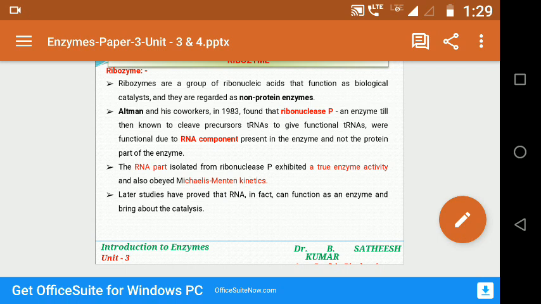In covalent modification, we discussed phosphorylation and dephosphorylation of glycogen phosphorylase enzyme, and in zymogen activation we discussed trypsin and chymotrypsin. In the case of isoenzymes, we took LDH as an example, where we have five different LDH isoenzymes, LDH 1 to 5.